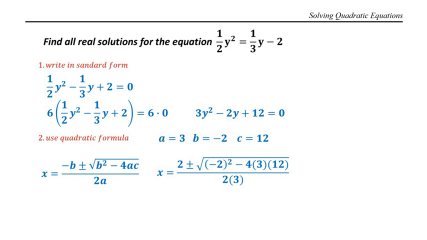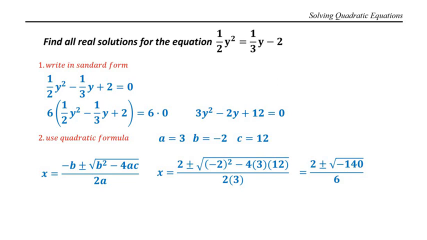If we plug all of those values in, we would have 2 plus or minus the square root of negative 2 squared minus 4 times 3 times 12 over 2 times 3. So let's go ahead and solve our multipliers here. We would have 2 plus or minus the square root of negative 140 over 6.